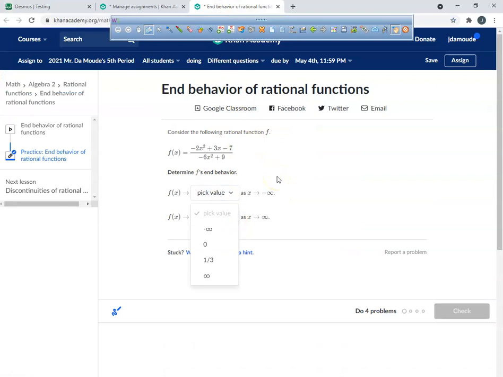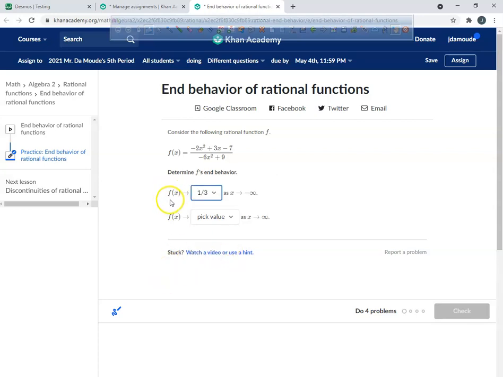Notice, before I even chose anything, what weird fraction pops up that we just found by doing -2 divided by -6? 1/3. As x is approaching negative infinity, what's f of x getting closer to? 1/3. What about on the right hand side? 1/3.